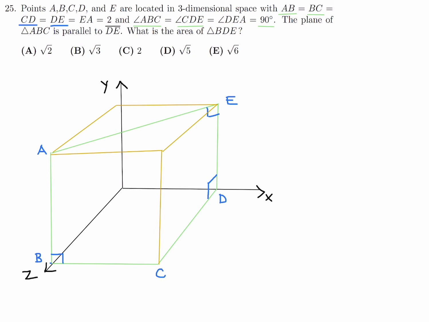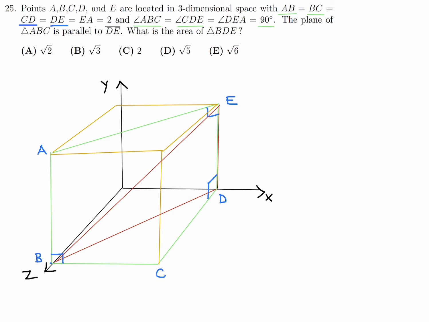All right, so what do they want me to figure out? The area of BDE. BDE, that triangle. Okay, so first of all, I have to join B to D, and then BDE. So this triangle, they want me to figure out that area. Okay, well, that should be relatively simple. Why?